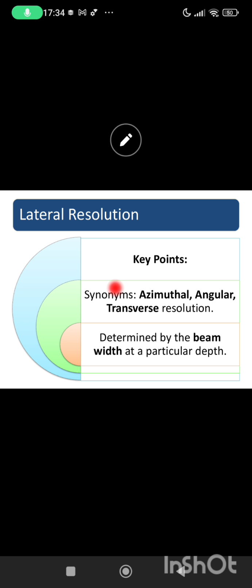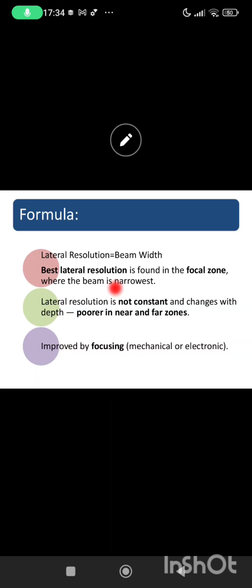Lateral, azimuthal, transverse, angular, determined by beam width at a particular depth. So lateral resolution depends on the beam width. Best lateral resolution is found in the focal zone. Very important MCQs: best lateral resolution is found in the focal zone, where the beam is narrowest.